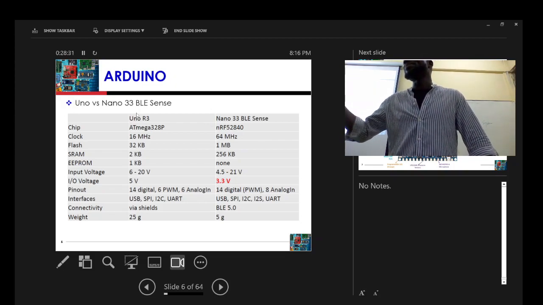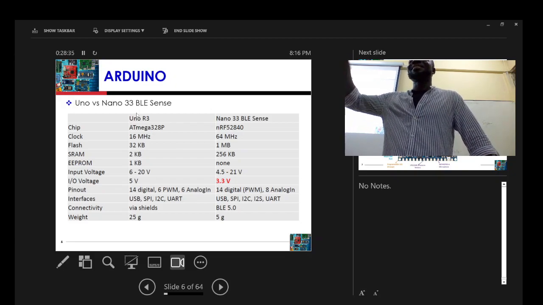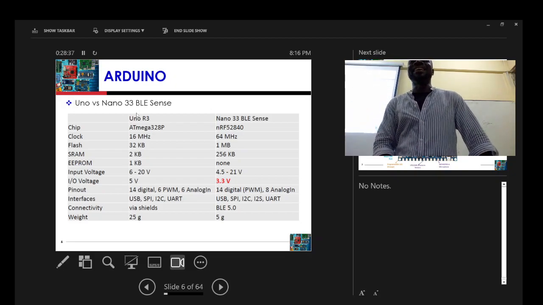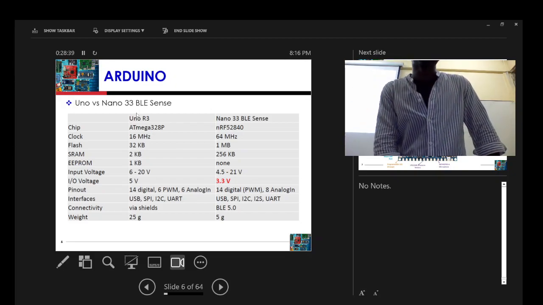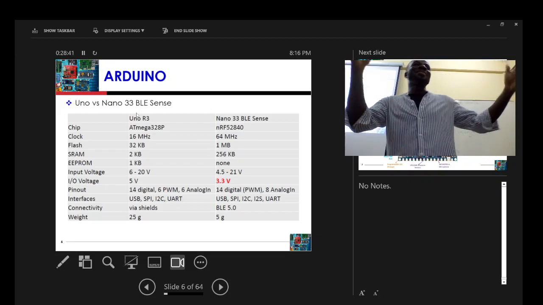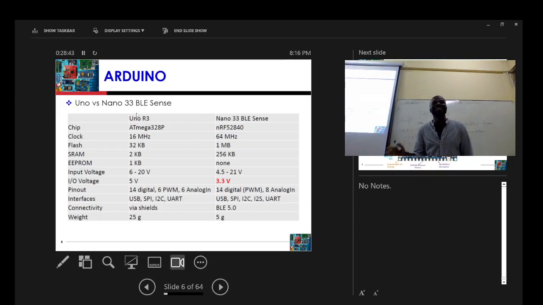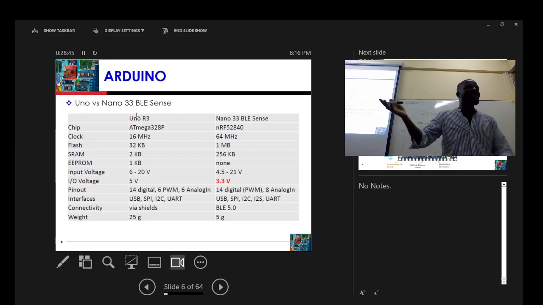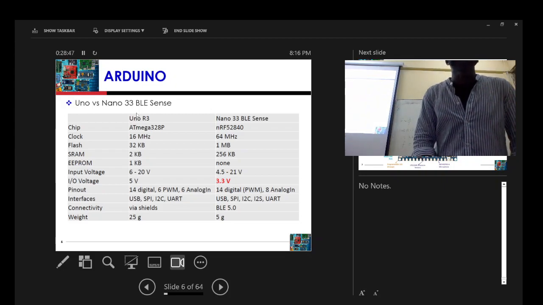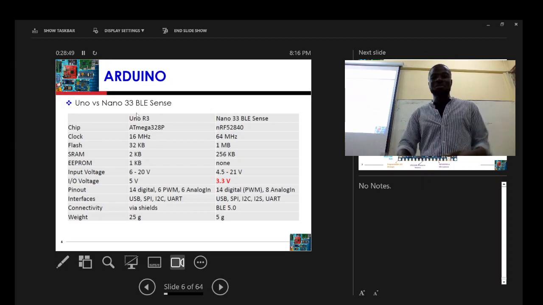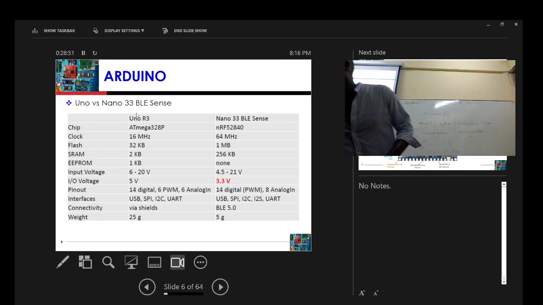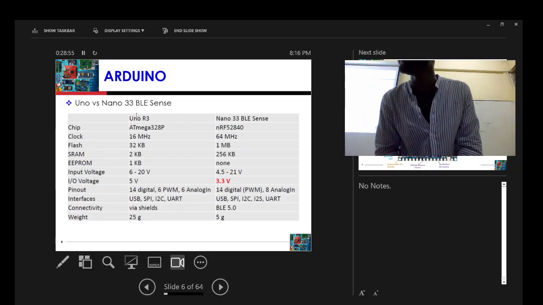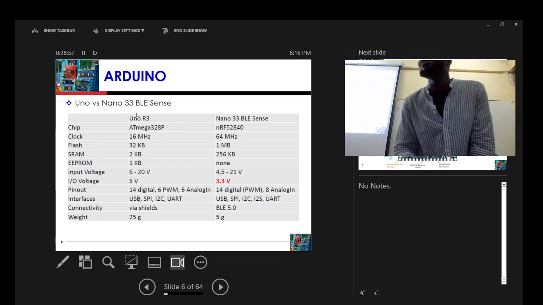If I say this pin is digital... So you guys don't know what digital and analog mean. But you guys are telecom engineers. You know digital signals and you know analog signals, right?